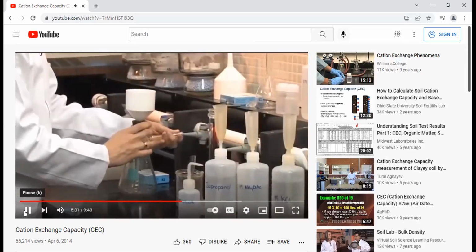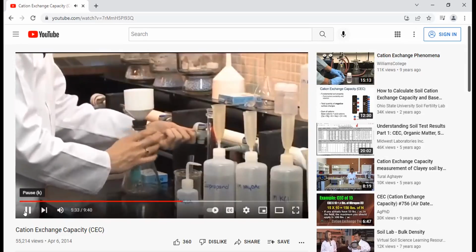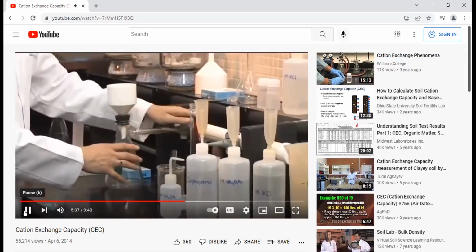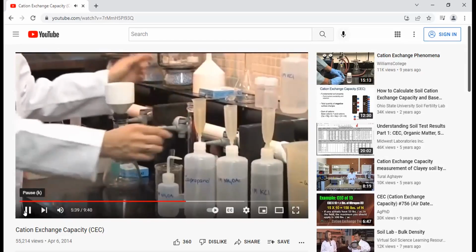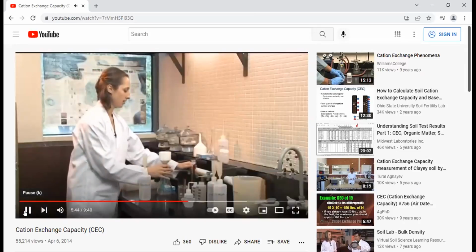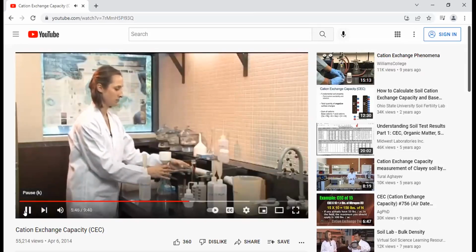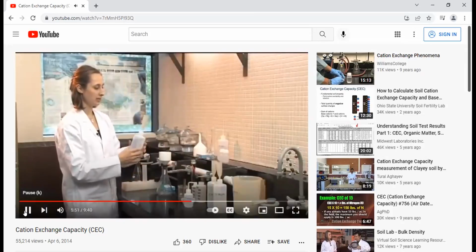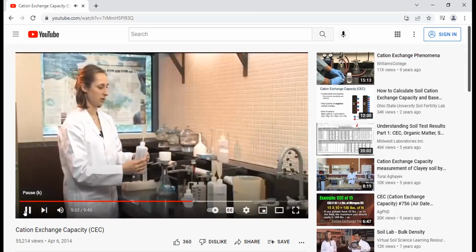And now we're ready to do our next rinse, which is with isopropanol. So turn the vacuum back on, and we want to wash with 40 mils 3 times of isopropanol.